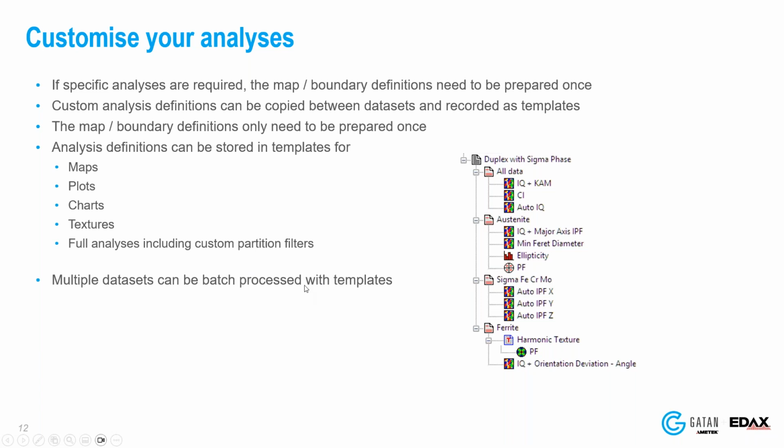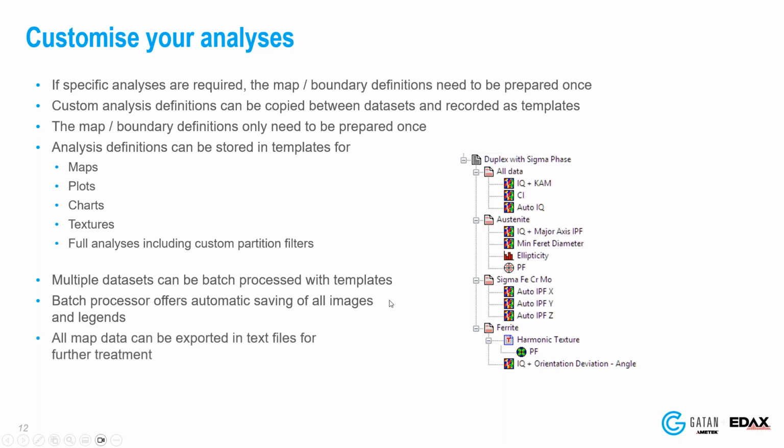So again, when I have a sequence of data sets that I need to analyze the same way, I do the analysis once, save a template, and put it in a batch processor. That allows me to do all the analysis automatically and also saves all the images with one mouse click. And if required, you can export all the data as text files.